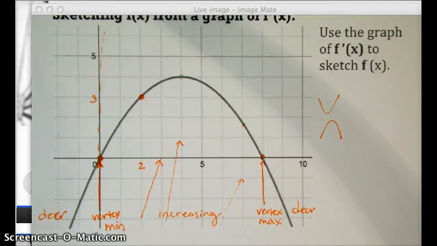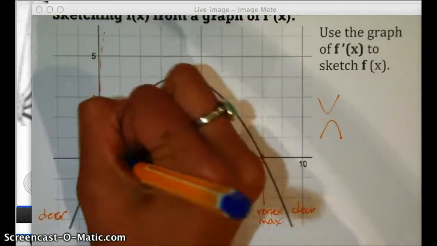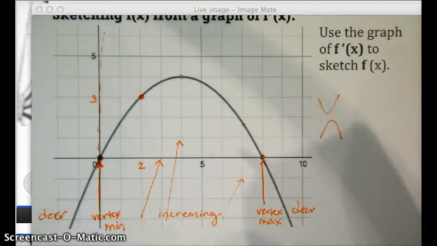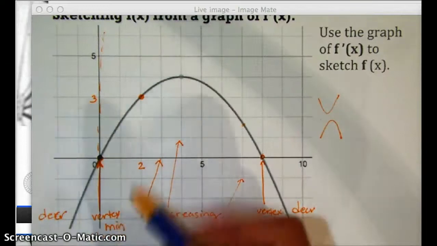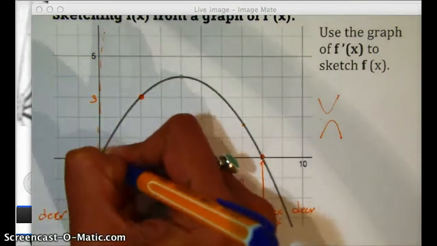The last thing you need is you need to start somewhere. And the truth is there's no right or wrong way to start. In fact, this derivative graph has multiple correct original function graphs that would go with it. So you just pick a point. My habit is to always pick the point 0, 0 and work from there. So if I decide that my original function goes through 0, 0, I know this is a minimum, so I'm going to sketch the minimum here.